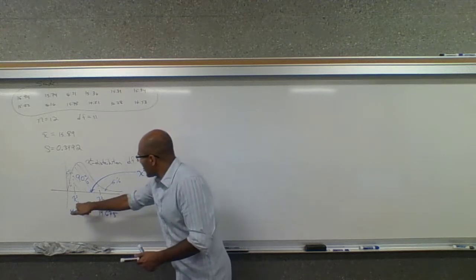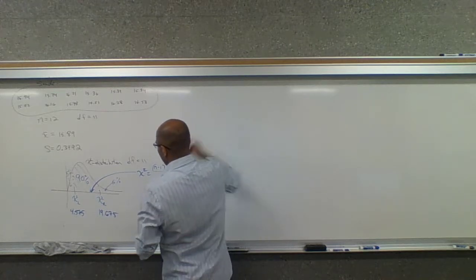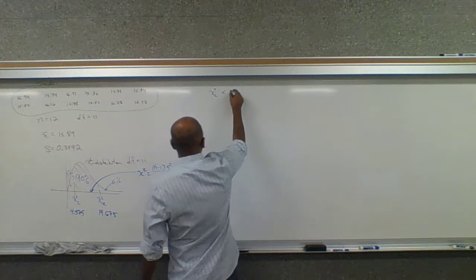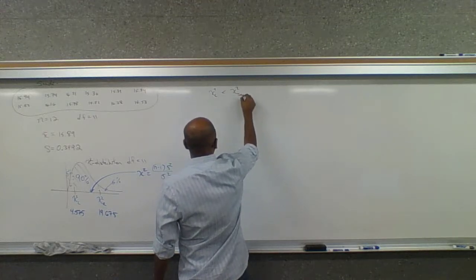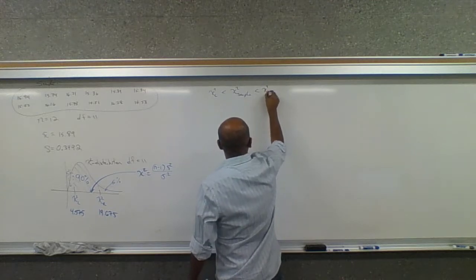So we're saying that between these two numbers, chi squared left is less than our chi squared from our sample, which is less than chi squared right.